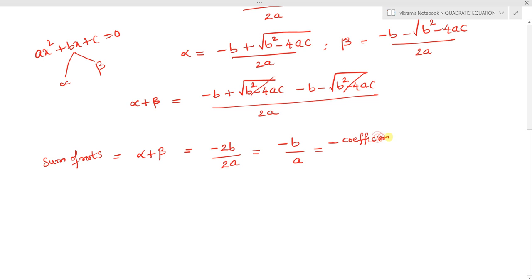Here b is the coefficient of x, and a is the coefficient of x square.